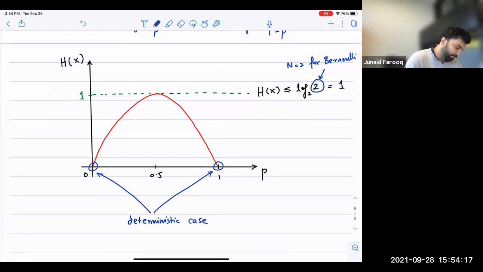In the case of 0.5, we will have the most randomness, and that's reflected in our entropy. When p is 0.5, you have the maximum entropy, or maximum level of surprise. But if you are at either extreme, then your entropy goes to 0.